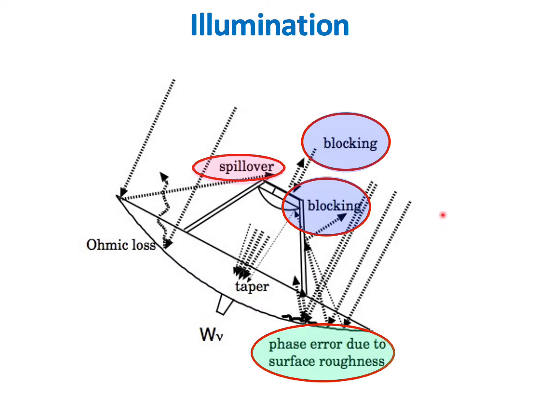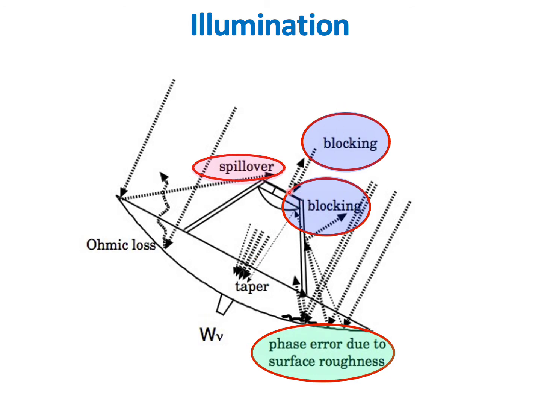Okay, so why don't we just tune our feed to see right up to the edge of the dish? And why do we have to worry about any lost power not making it into our feed? Well, again, there's spillover, like I mentioned, that's light from the edge of the dish missing the feed. But also, if you look at the structure of these telescopes, you have your feed, but it's in front of the telescope.